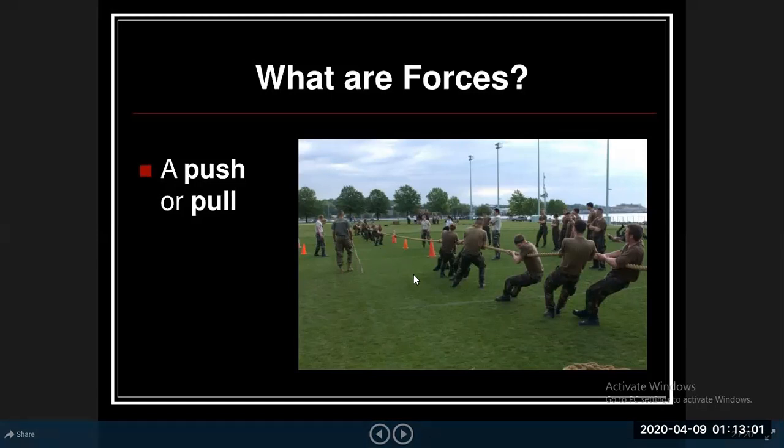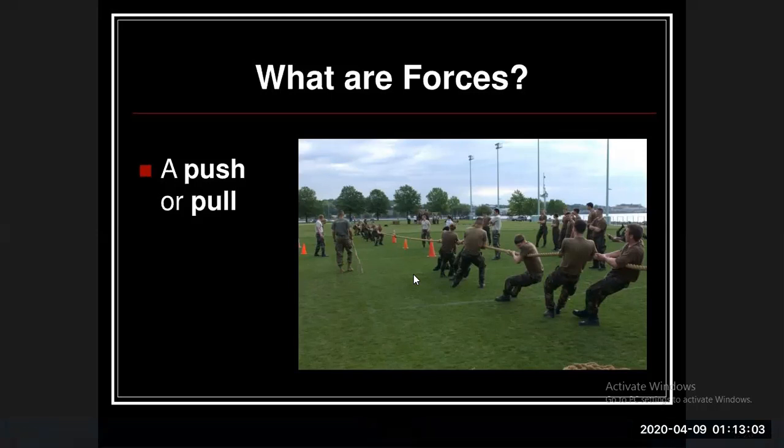Actually, they are applying a force, exerting a force. Both groups of men pull the rope to their own sides. So here pulling is the case of force that we see.